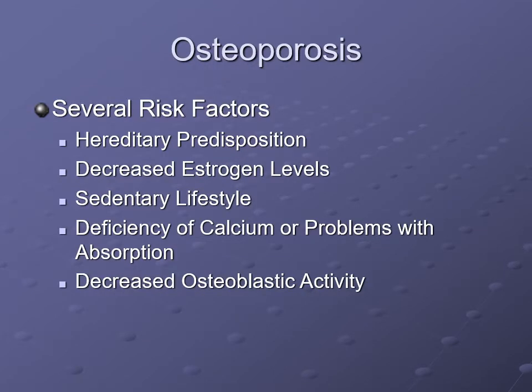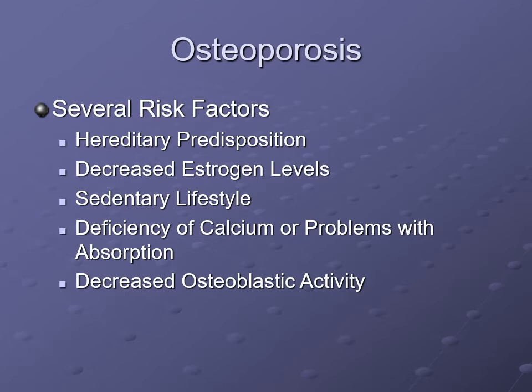So, focusing on osteoporosis, there's several risk factors. You can inherit the condition. Decreased estrogen levels, because estrogen is part of the pathway in women to deposit calcium and increase bone mass and bone density. Sedentary lifestyle: if you don't use it, you lose it.